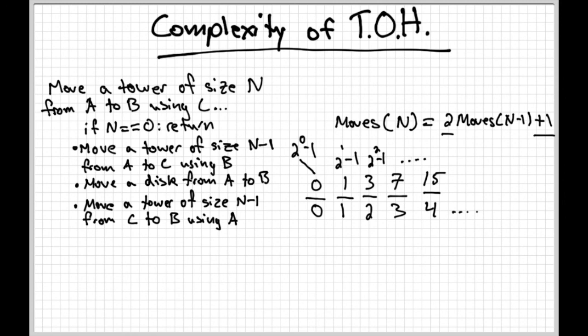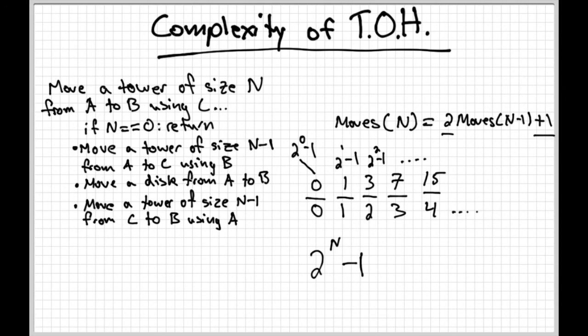So the relationship we're ending up with in terms of the complexity relative to the number of disks n is going to be 2 to the n minus 1. 2 to the n moves minus 1 are required to solve the puzzle. That's kind of nasty, right? That grows really fast.